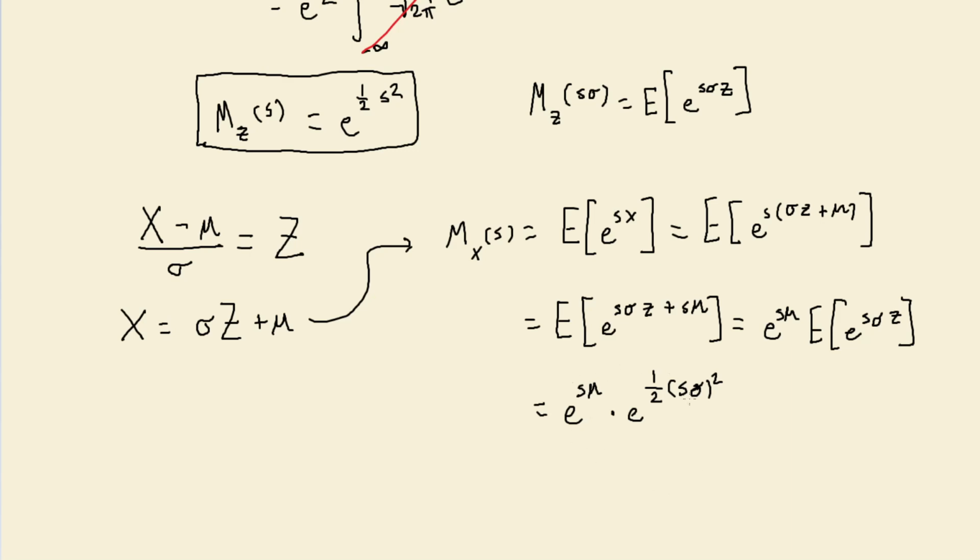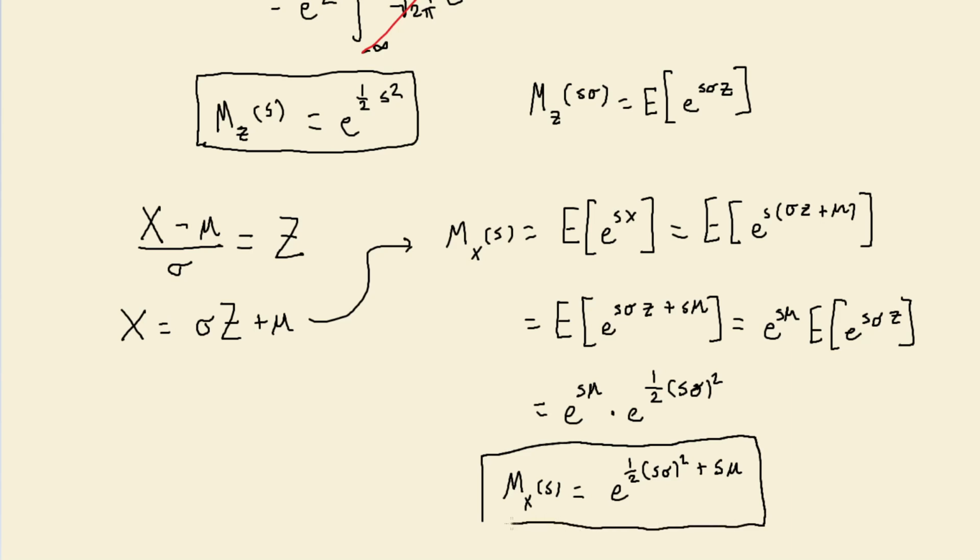This is our moment generating function, but we can rearrange it a little bit, and we get that the moment generating function for a general normal distribution is equal to e to the 1/2 s squared sigma squared plus s times our mean. And so this is our answer here. This is the moment generating function for a general normal distribution.